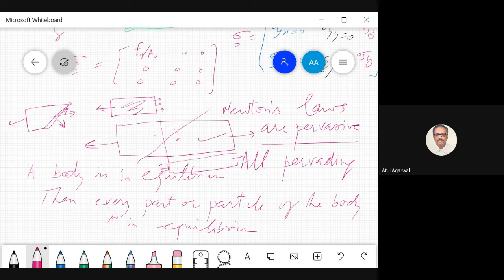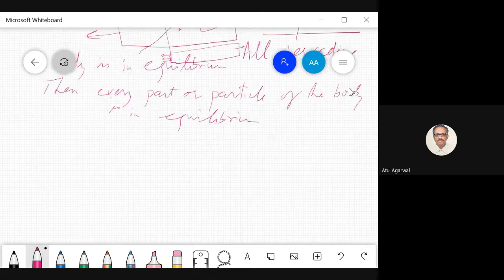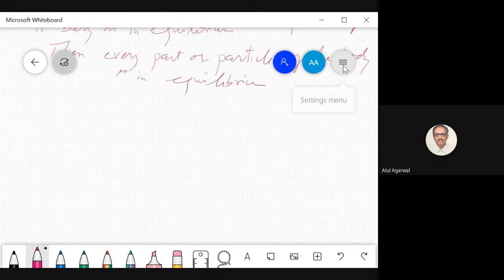Similarly for the right half. So forces depend on the plane you are considering. You considered a plane inclined. You see your net force is this, but force component tangential and normal becomes different.